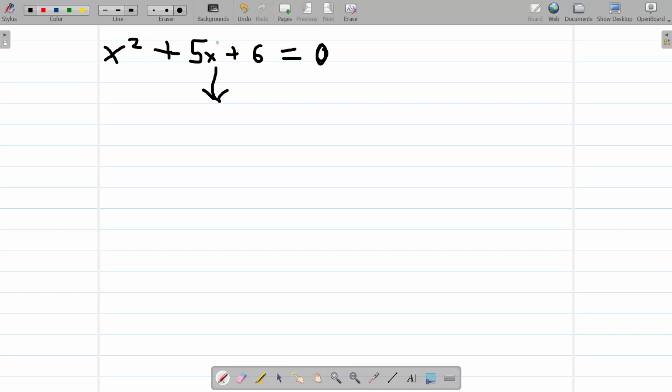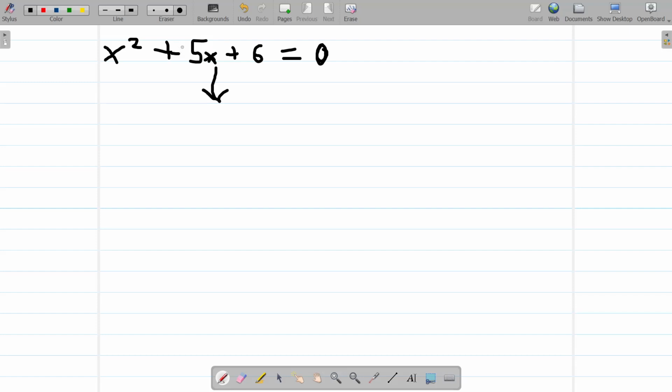So what we're going to think is, what adds to make 5, whatever's in front of the x, and what times to make the lonely number on the end, which in this case is 6. If you really want to do it the long way, you could write out all the factors of 6 and all the things that add to make 5.